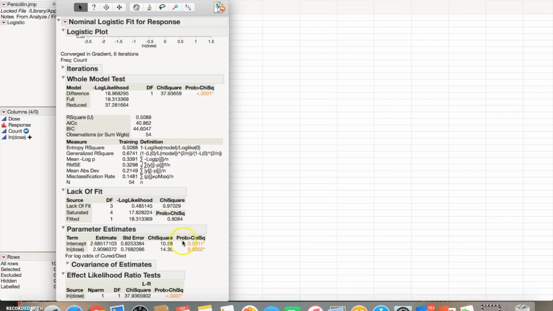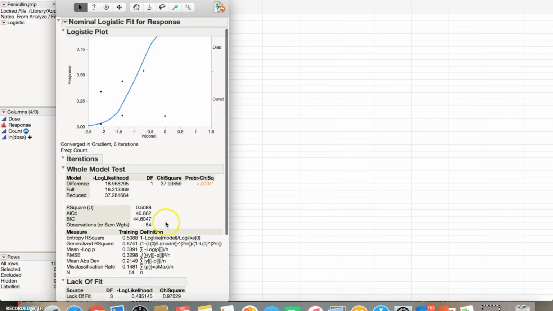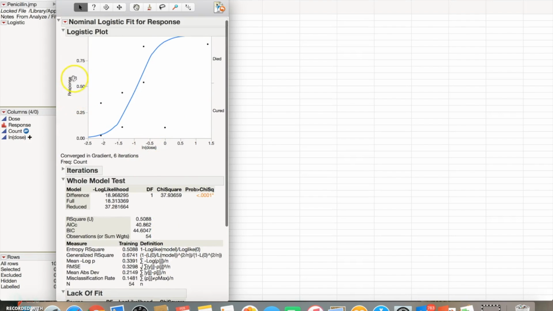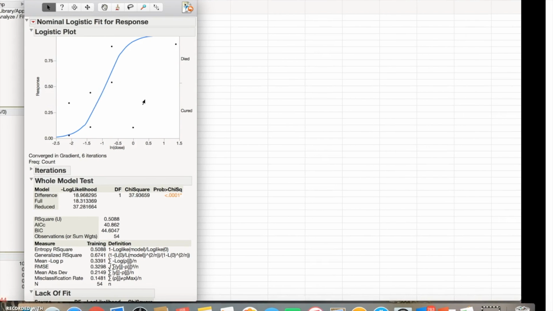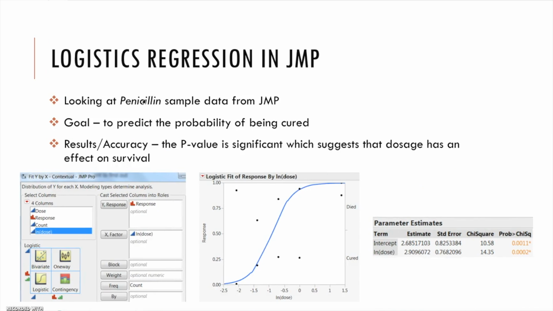But since this p-value is so low, that means that there is dependence, which means there's correlation with the variables that we used, which is the dosage and the response of the different patients. So now we're going to go to the next slide. Actually, as the results said before, there is significance in the dosage and the survival rate of the patients.